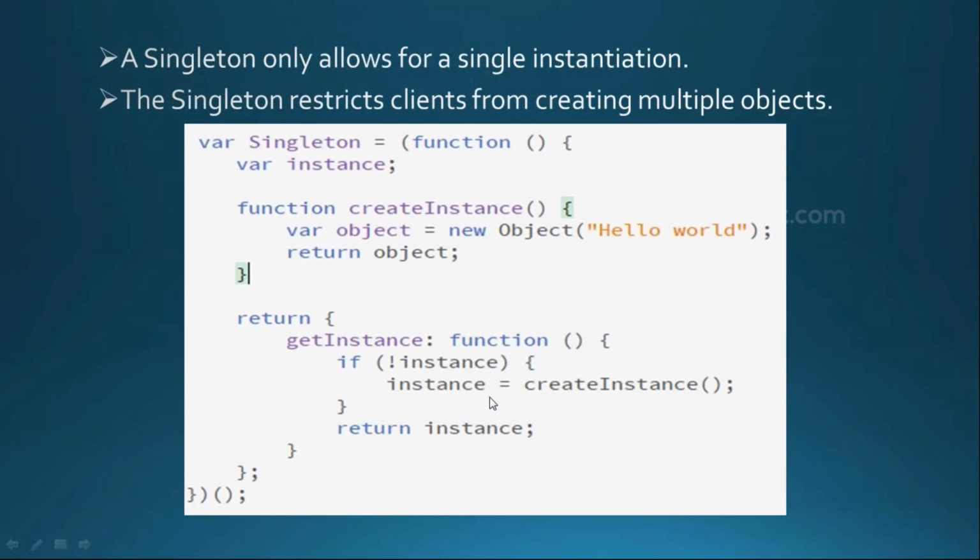The main thing here is that after this execution I will have only a reference to the get instance method. When I call singleton dot get instance method, it will first create the object. When I call the same method again, it will return the created instance. That means it will not recreate the instance again. It will return the reference of that instance.